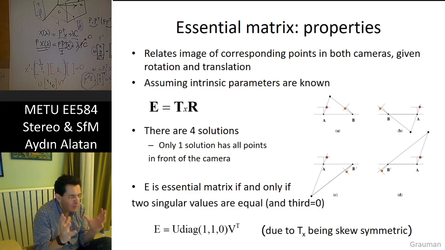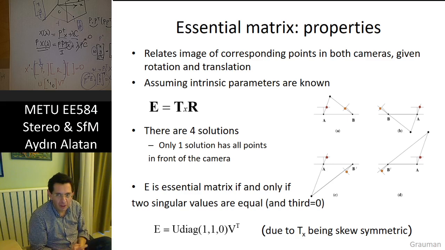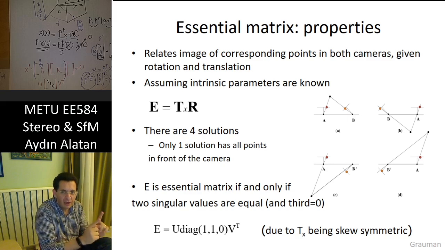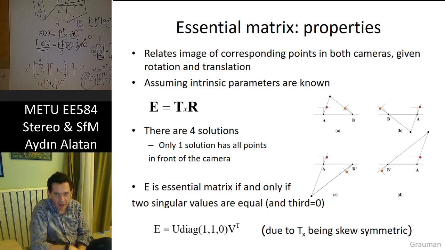If you assume that you have 8 arbitrary numbers, wrong. You have to put these constraints. You have to do something so that such a constraint is also inserted into your problem so that your estimated E matrix is a real essential matrix: the multiplication of a skew symmetric and an orthonormal matrix together.